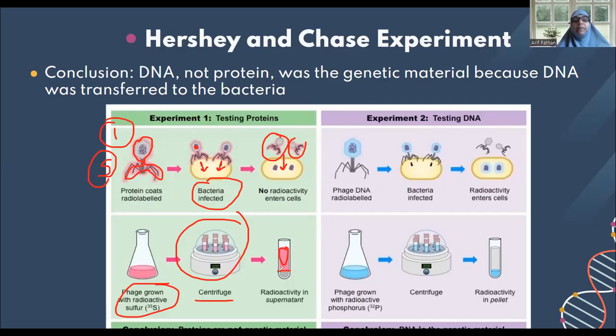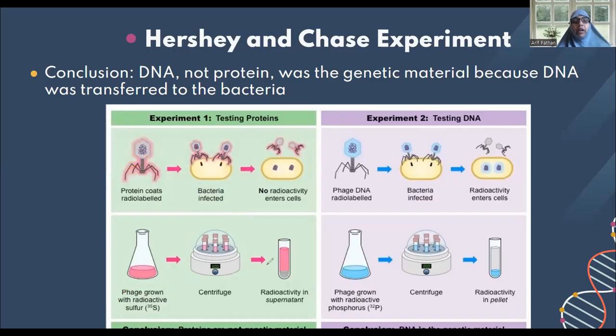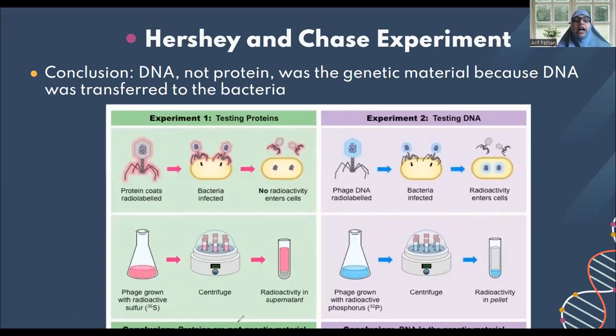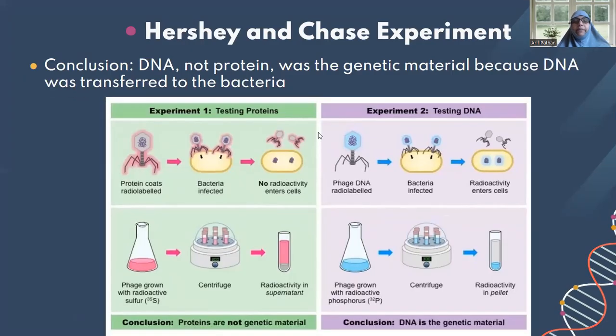So the bacteria settles down, the genetic material settles down, and the lightweight protein components float in the upper part of the solution. So the radioactivity was seen in the supernatant. This gave us the conclusion that proteins are not the genetic material, right?